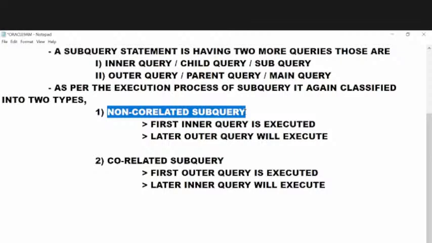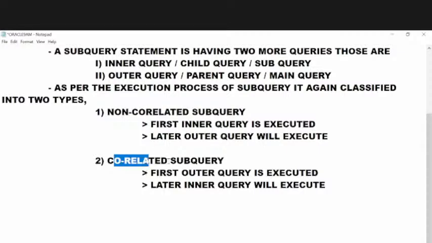Then where do I want to use correlated, sir? For example, you have a requirement, and first I try with non-correlated, because my first priority is performance. So I implement my requirement through non-correlated.